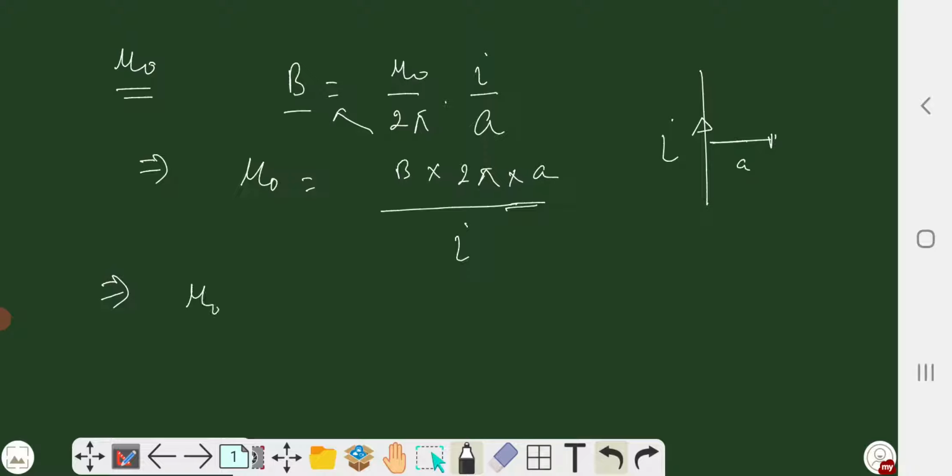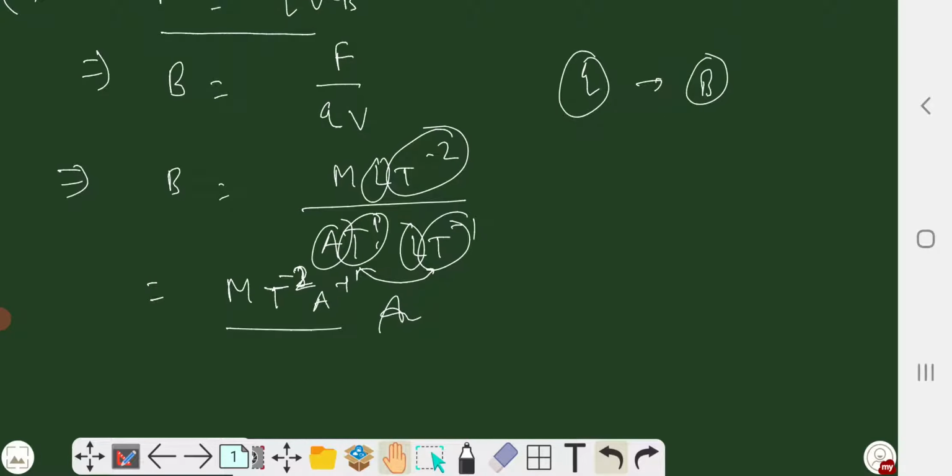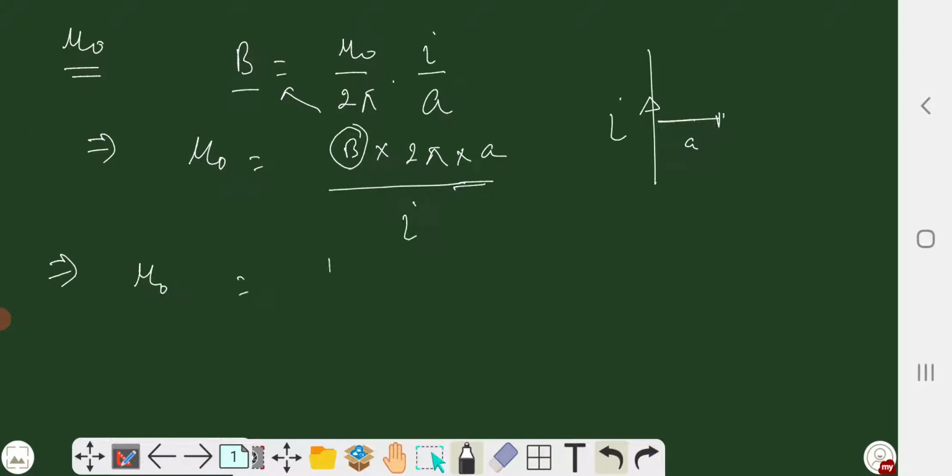Now, what is the formula for μ0? B. What are the dimensions of B? You have just obtained M T^-2 A^-1. 2π is a constant, no dimension. a is the length, you can say distance, that will be L, and I is a current, so A is the dimension of current.